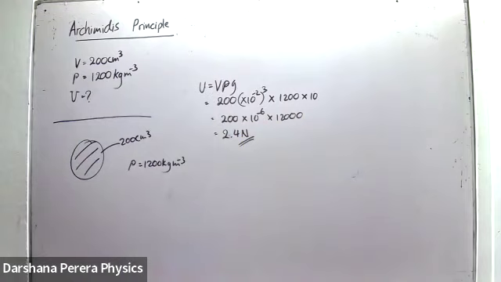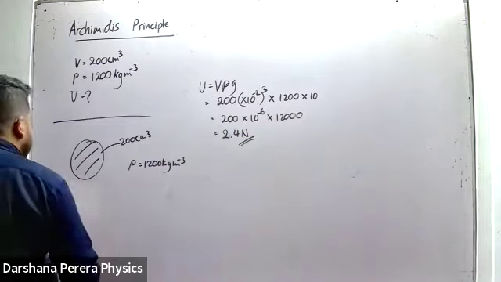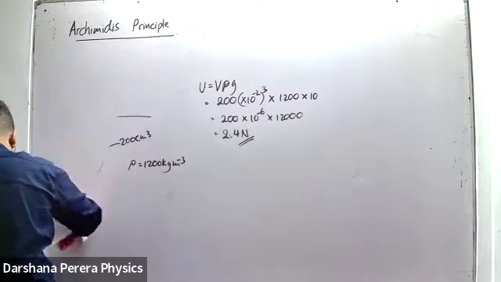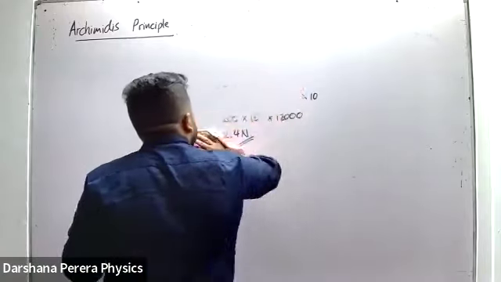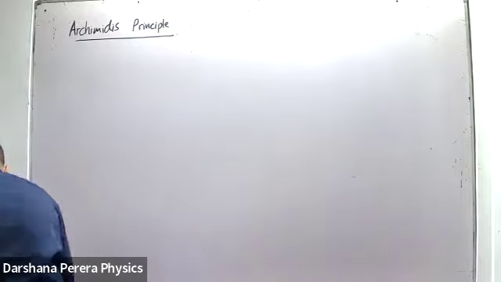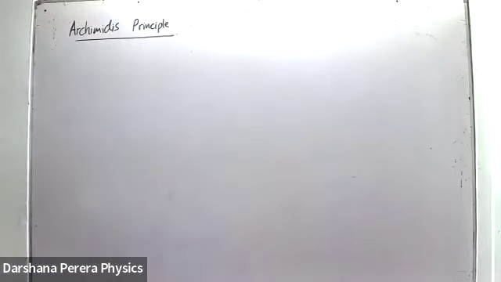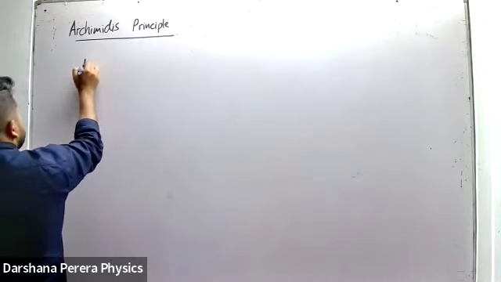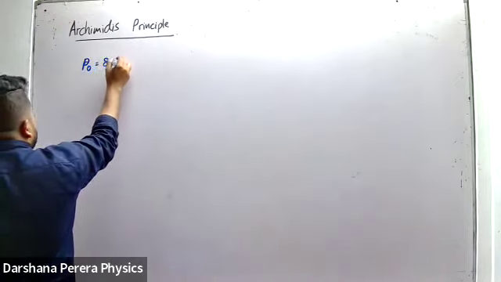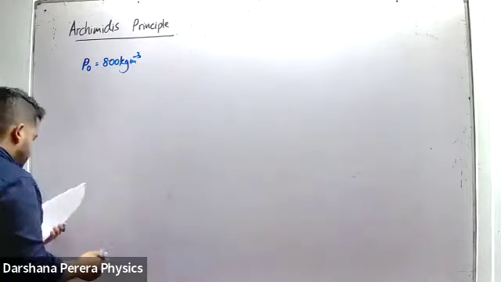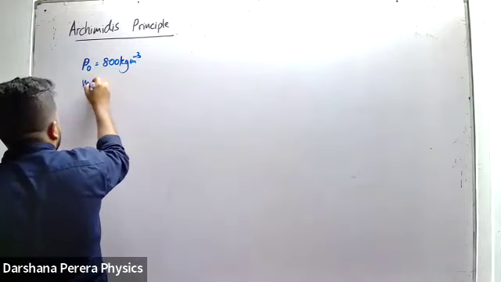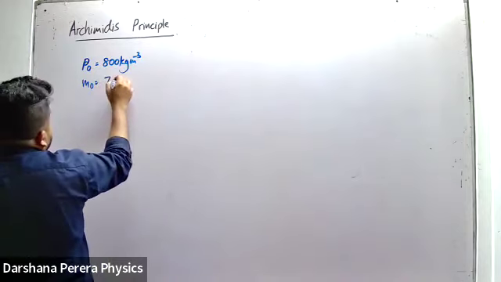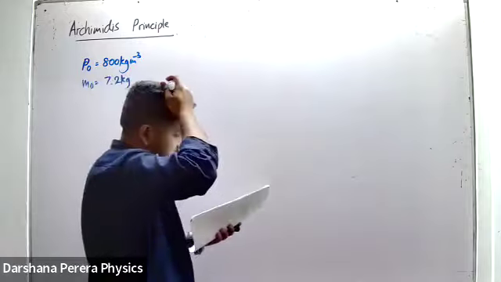Okay, write down another case. An object having a density 800 kg m minus 3 and having a mass 7.2 kilogram.